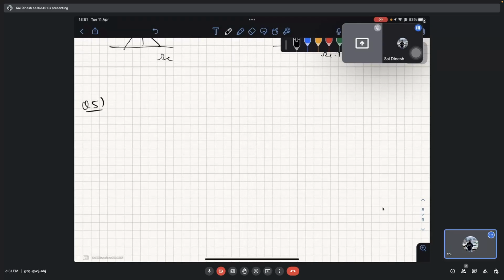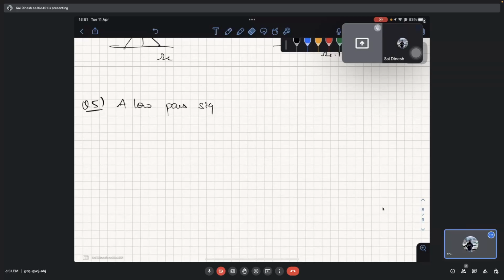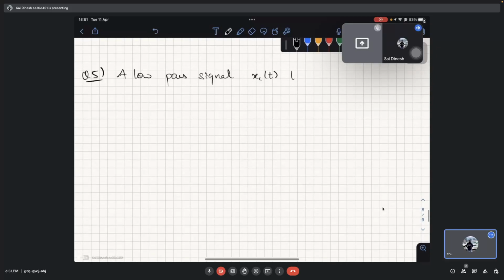Next is question 5. It says a low pass signal xc of t that is band limited to fc hertz is sampled at fs greater than 2fc hertz, right?